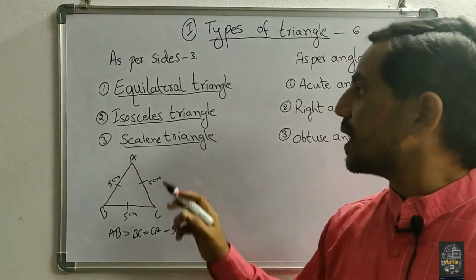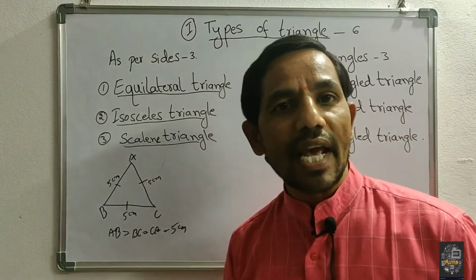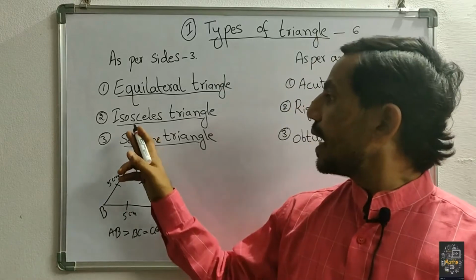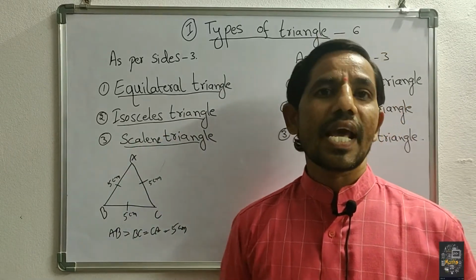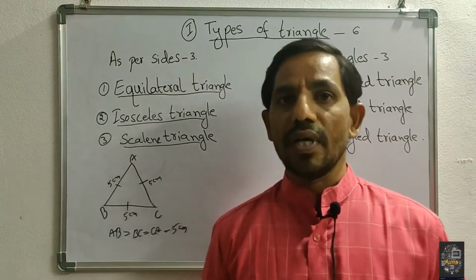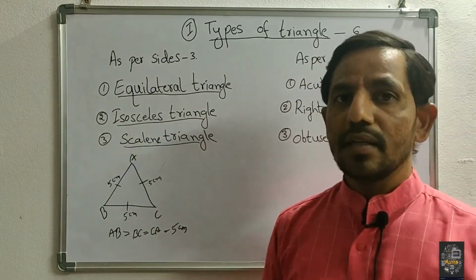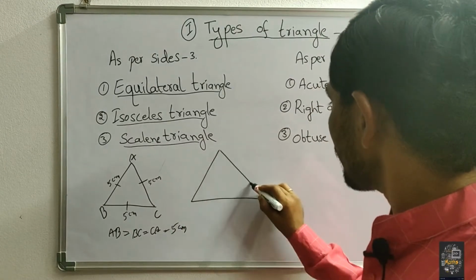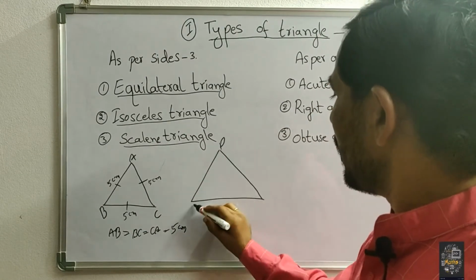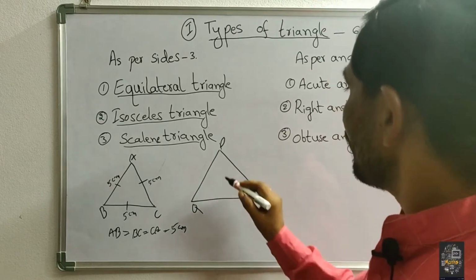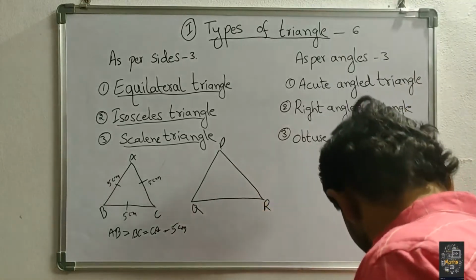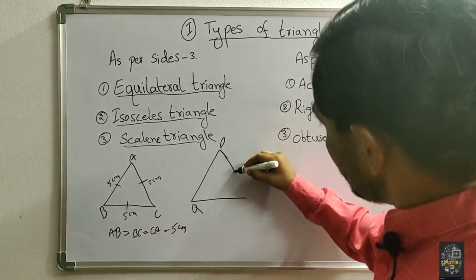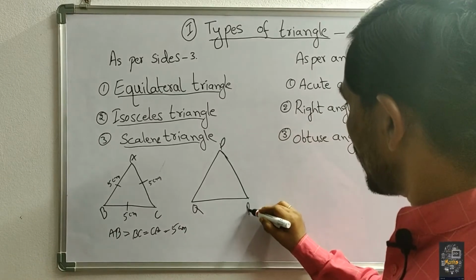The second one is the isosceles triangle. A triangle in which any two sides are equal is an isosceles triangle. I will take a diagram. This is a triangle, for example PQR.